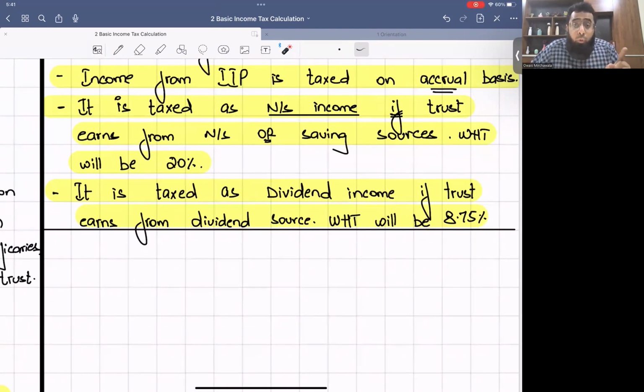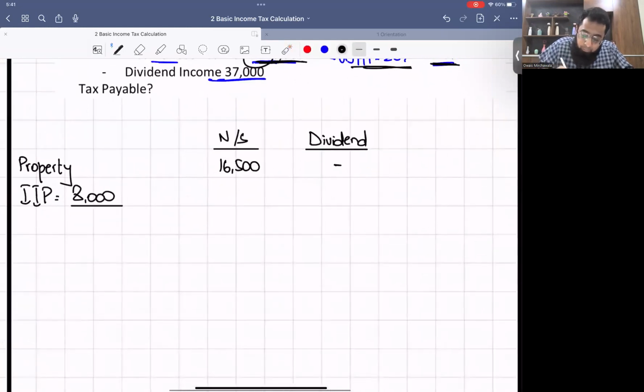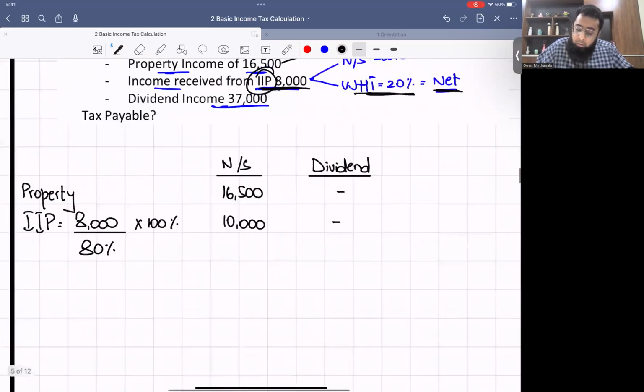But for a dividend source, the examiner will write that the trust earns from dividend. Okay. So let's look at it: 8,000 divided by 80% multiplied by 100. Because 20% is withheld, what you have received is 80%. So this is 10,000.